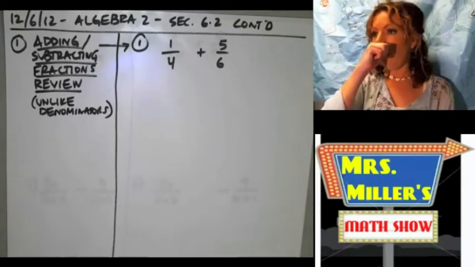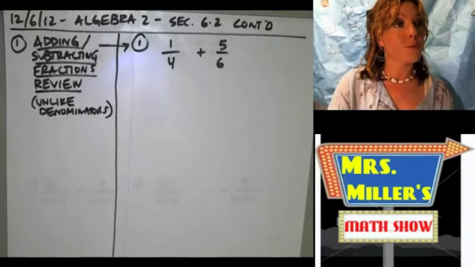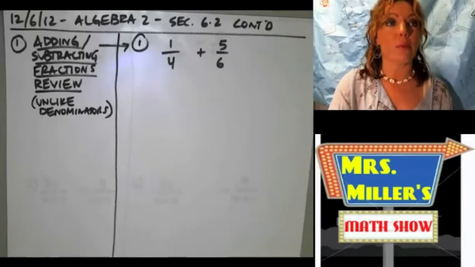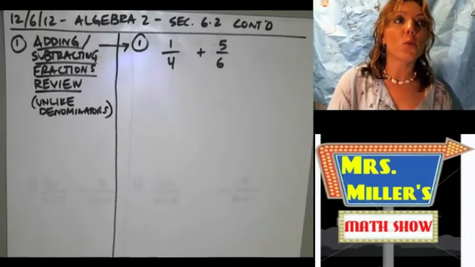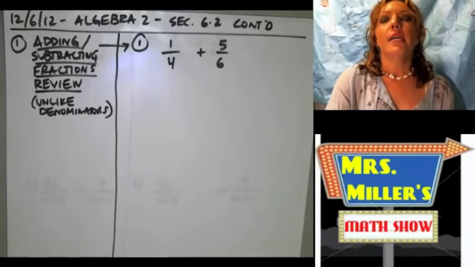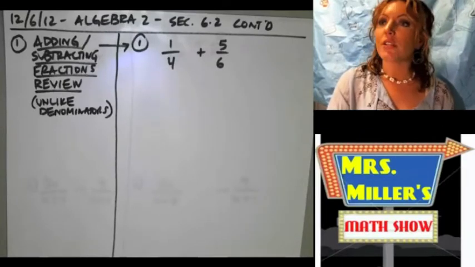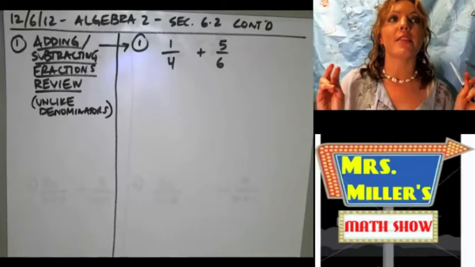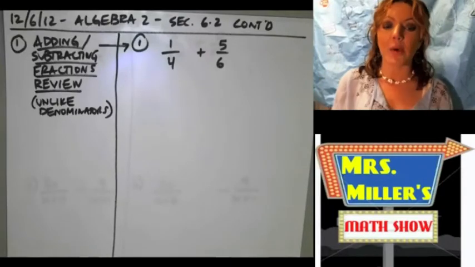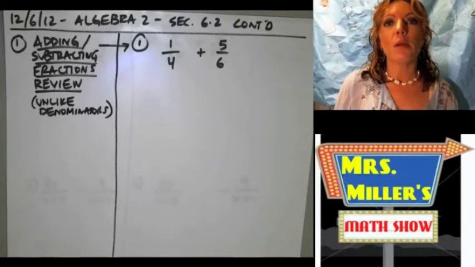Now we are adding and subtracting fractions that do not have the same denominator. So we are in a rational expressions chapter. Remember rational expressions? That's a fancy word for fractions, more like fancy fractions. But before we get there, we want to make sure we know how to add basic fractions.